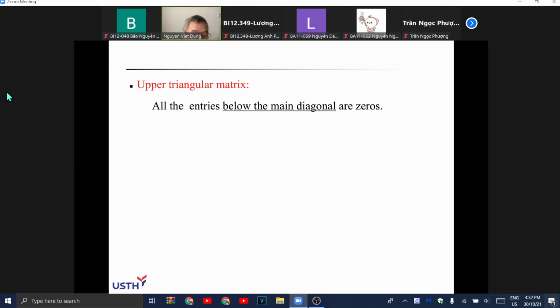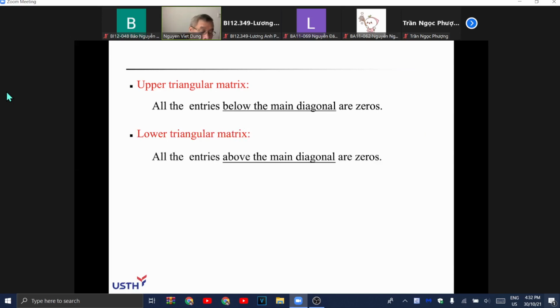That is a square matrix, of course, and it requires that the entries lying below the main diagonal are 0. Anything lower than the main diagonal is 0. And because of that, it is triangular, and it is upper, because only the upper part can be non-zero.